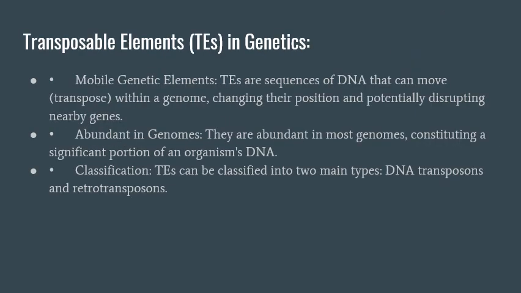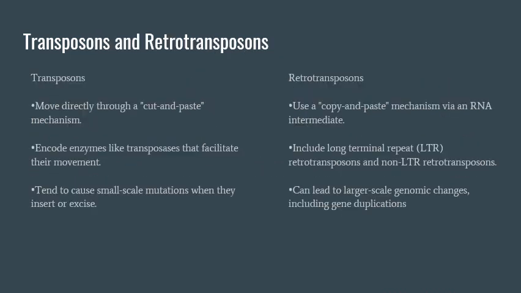Transposable elements, also known as TEs in genetics. TEs are sequences of DNA that can move within a genome. They change position and can potentially disrupt nearby genes. So, let's talk about some of these transposable elements, the transposons and the retrotransposons.